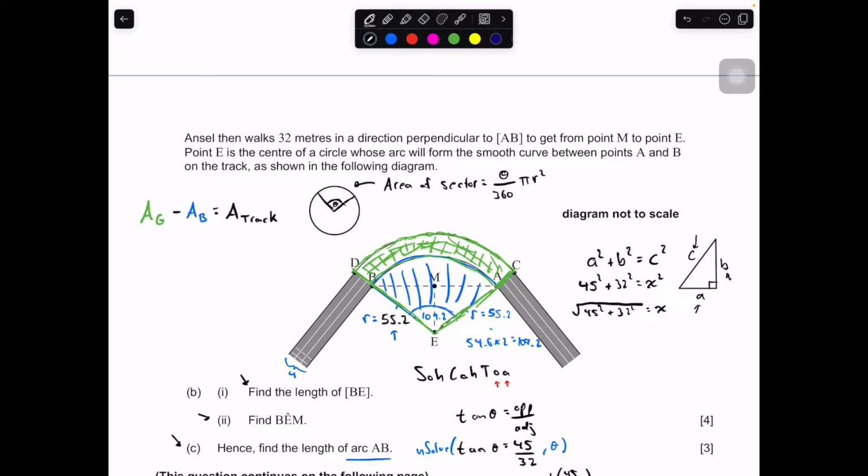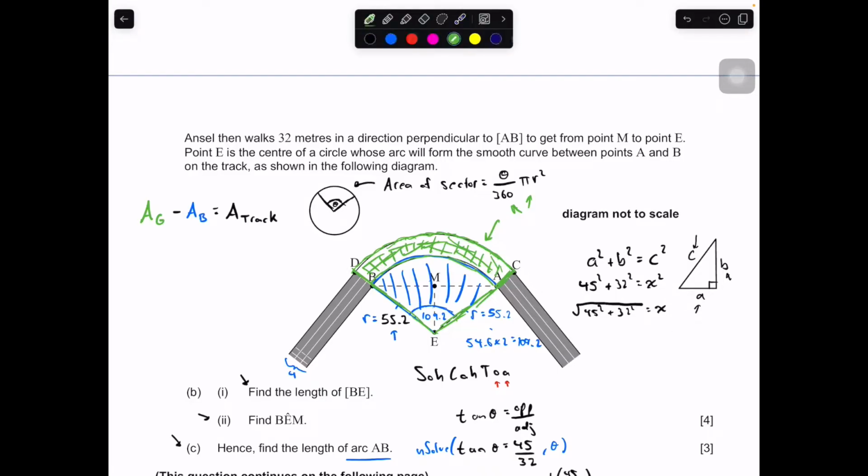So how do we find the area of this blue section right here? Actually, sorry, let's find the area of the green first. I think that'll be better. So we have this larger track right here. Let's find the area of this larger sector. Area of a sector is given by pi r squared times theta over 360. We're still sweeping through an angle of 109 degrees.